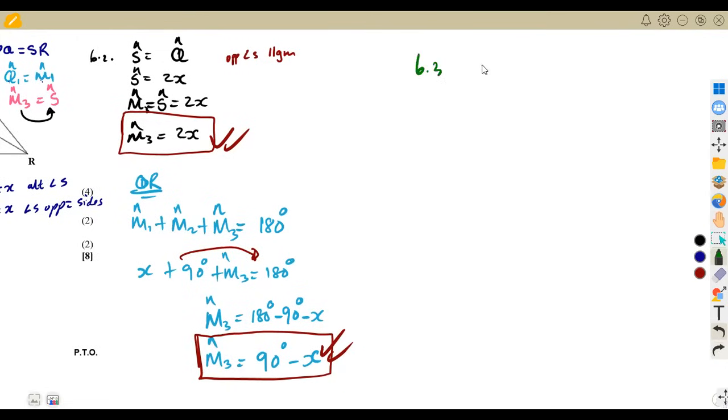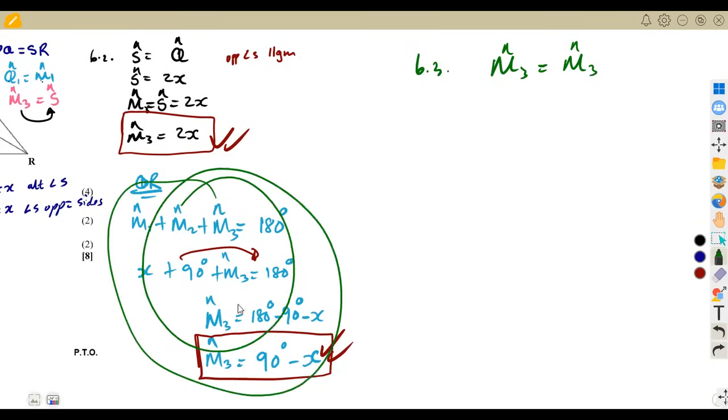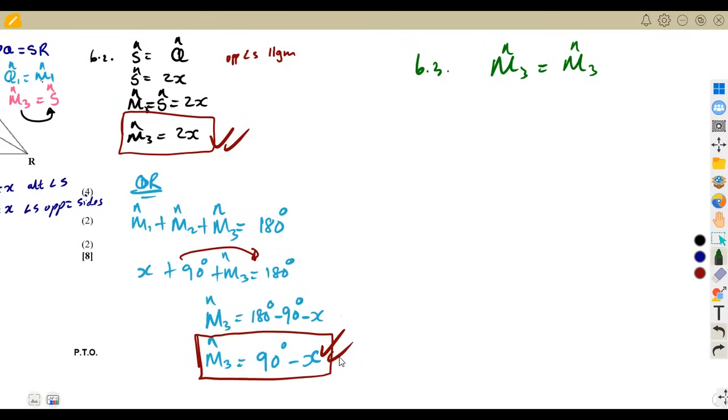If you did not calculate this one, you are forced to, using the same explanation I gave, because you need to equate these two. The 2x that we got here must be equal to the other M3.